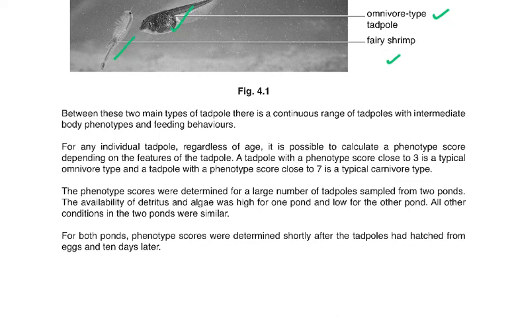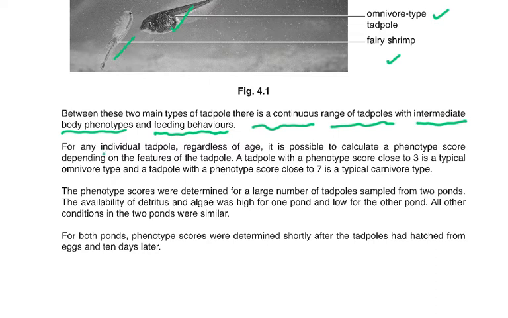Between these two main types of tadpoles, there is a continuous range of tadpoles with intermediate body phenotypes. So some are shorter, medium, all different lengths and different feeding behaviors. Some eat only plants, some eat both, some only eat the shrimps.